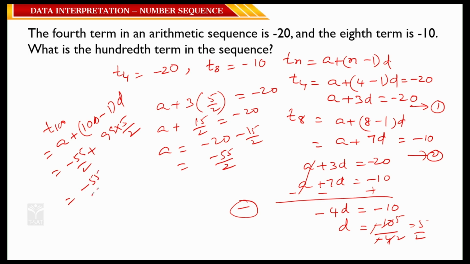Minus 55 by 2 plus 99 5s means 495. Correct? 495 by 2. 2 is the LCM, so 495 minus 55 is 440 by 2, which means 220 is the 100th term in this sequence.